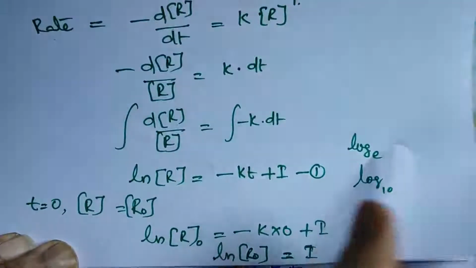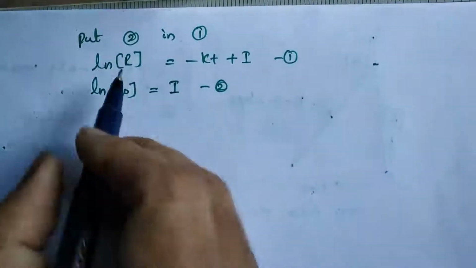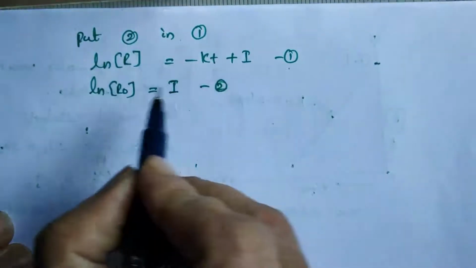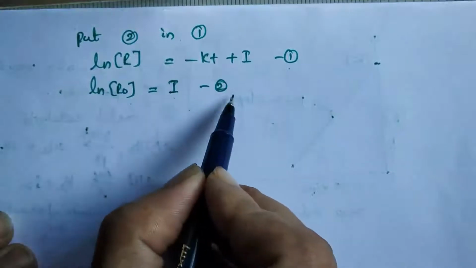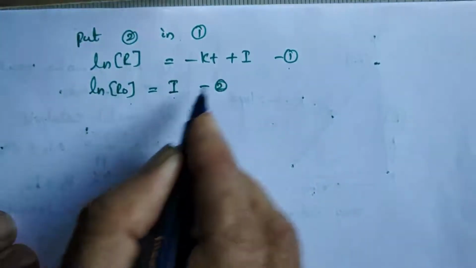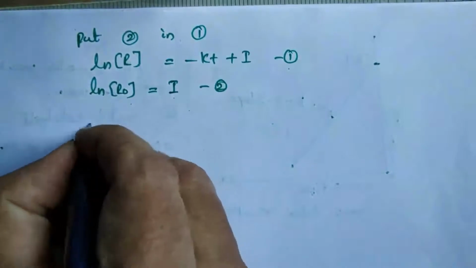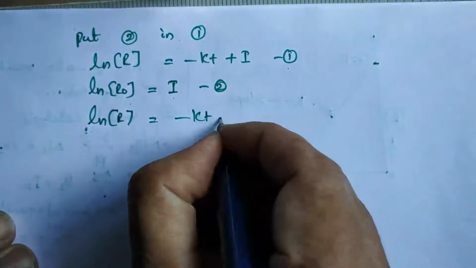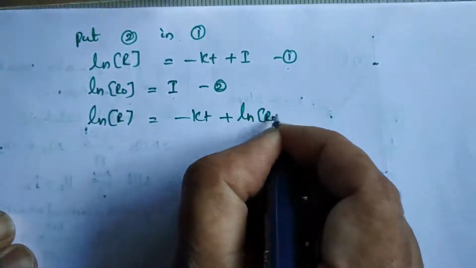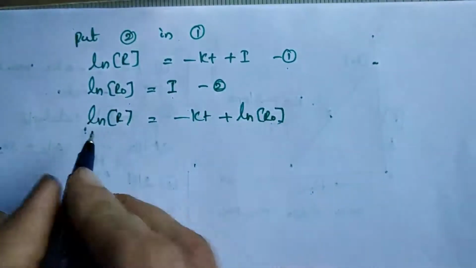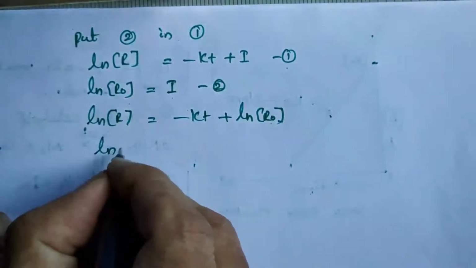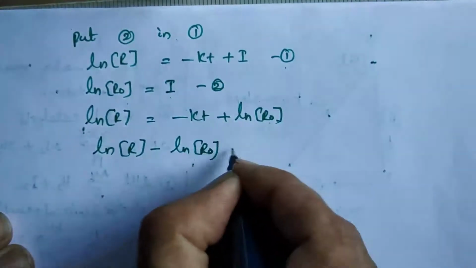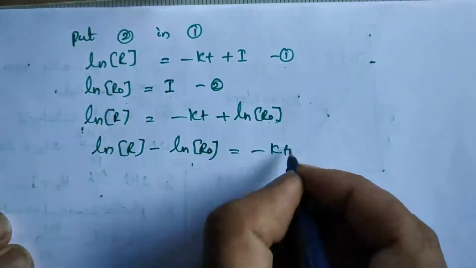We will substitute the second equation in the first equation. Ln R is equal to minus kt plus I, that is the first equation. Ln R0 is equal to I is the second equation. So instead of I, we will put ln R0. So ln R is equal to minus kt plus ln R0. Rearrange both R factors on the same side. That is ln R minus ln R0 is equal to minus kt.